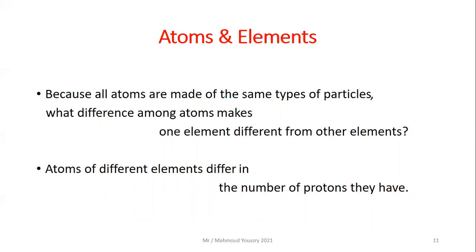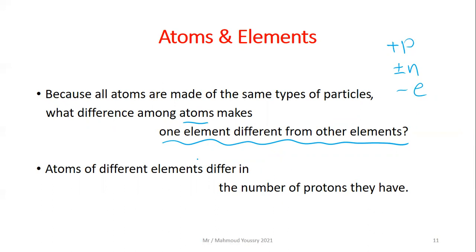Because all atoms are made of the same types of particles, what difference among atoms makes one element different from the other? We already studied that all atoms consist of the three types of particles: the positive protons, the neutral neutrons, and the negative electrons. So how do we have different types of atoms?